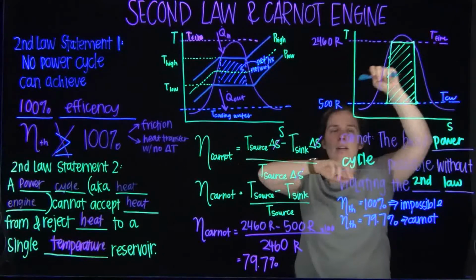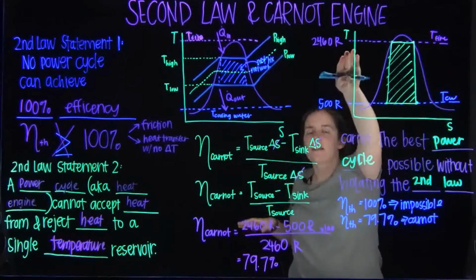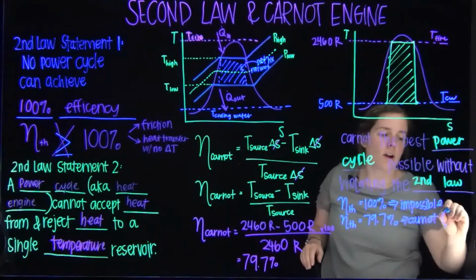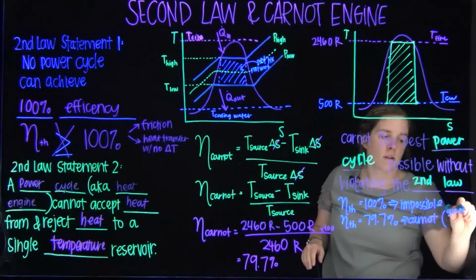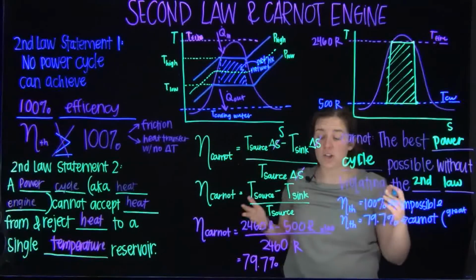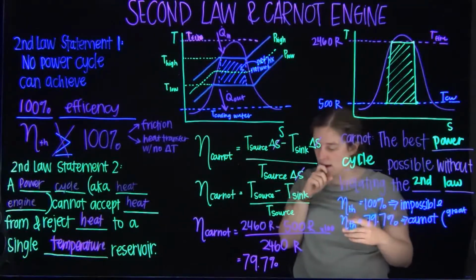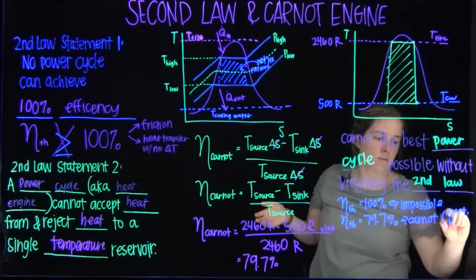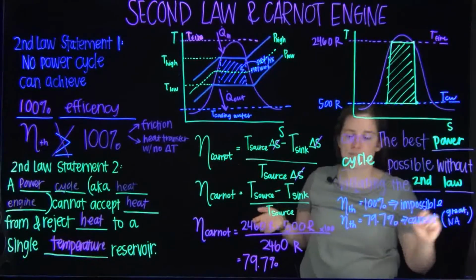If you think about heating up something and trying to get it to the source temperature, it's just not going to be possible. And it's frictionless. It doesn't have those losses that we account for, but it's still not achievable. So I'm just going to put NA, not achievable.